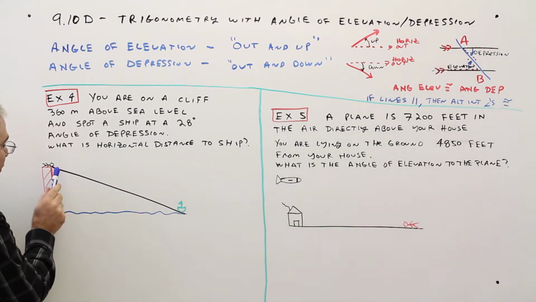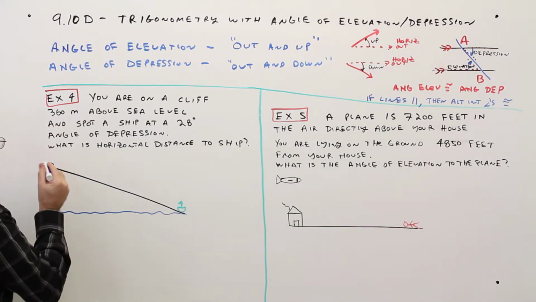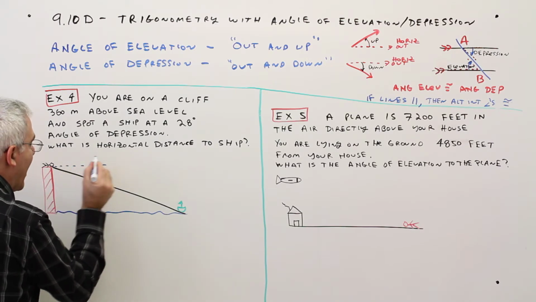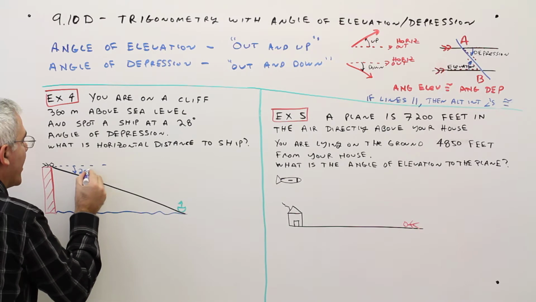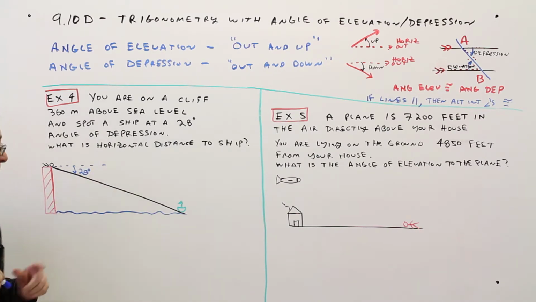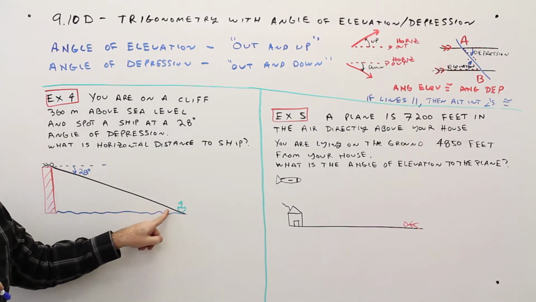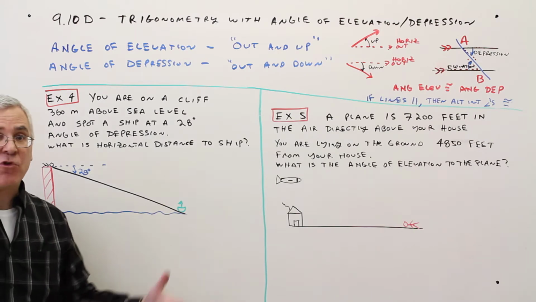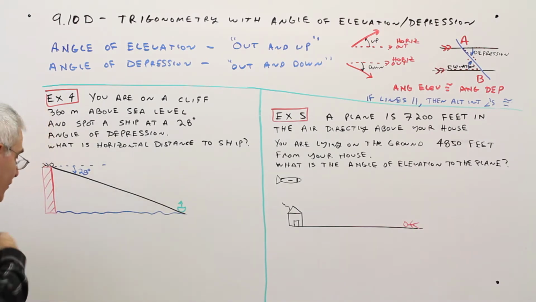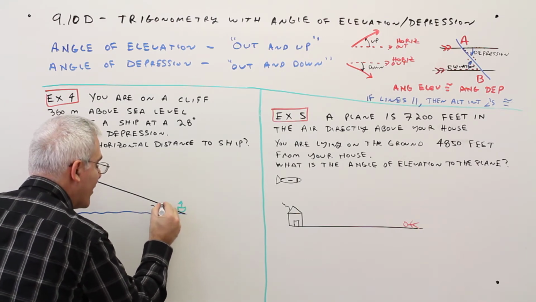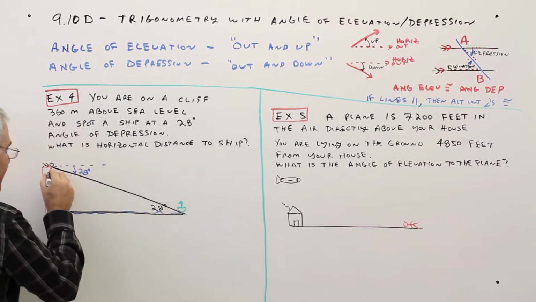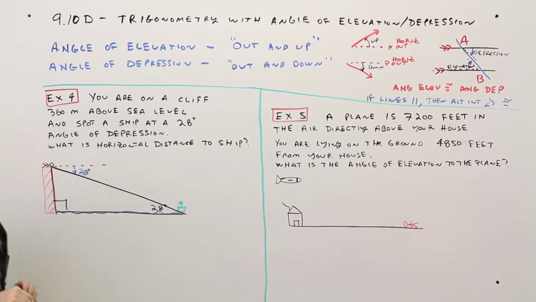50% of the mistakes are students just label it right there. So I always want you to dash out and then go down and call that 28 degrees. And then if you want, you can put 28 degrees there. For trigonometry, I care about angles inside the triangles. So I'm going to put 28 degrees right there and have this be my right triangle.